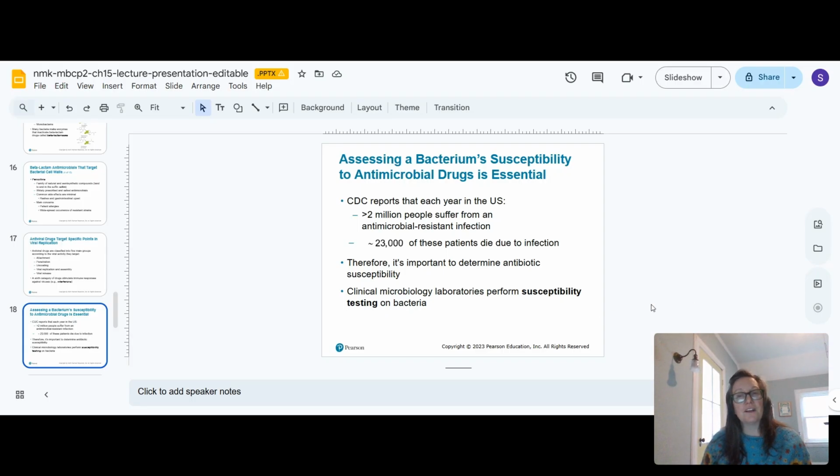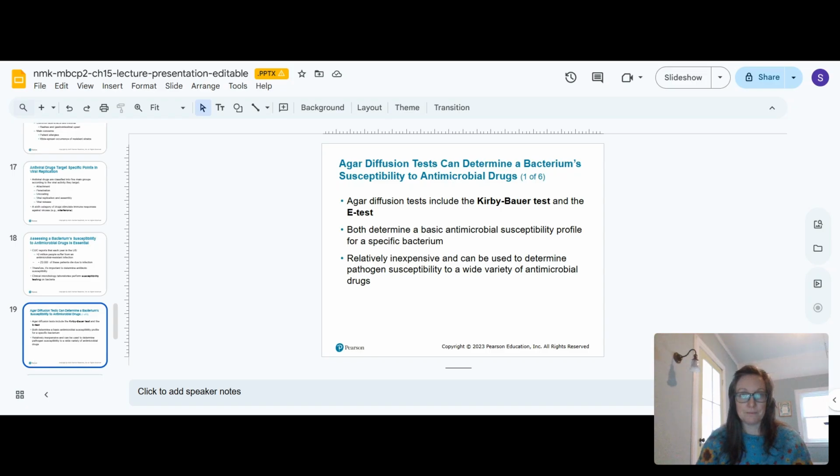So it's important to think about how resistant bacteria are when we're treating them, and to perform, especially in microbiology laboratories, susceptibility testing on specific bacteria from an infection. And to test a bacteria's susceptibility to antimicrobial drugs, a common test used is the Kirby-Bauer test.